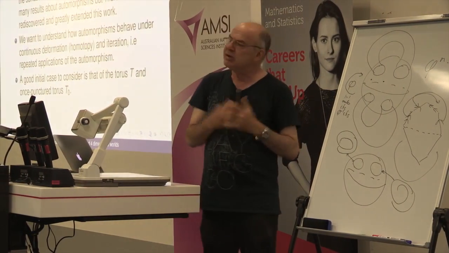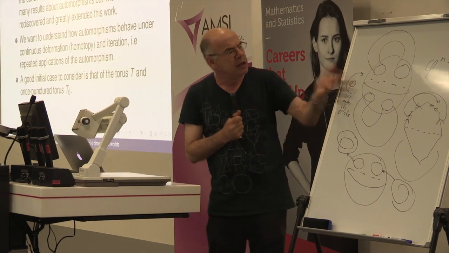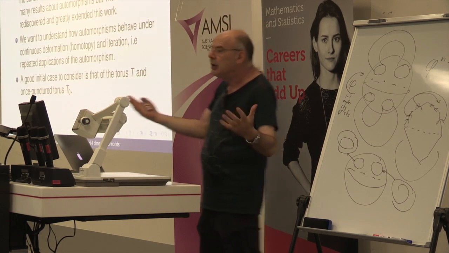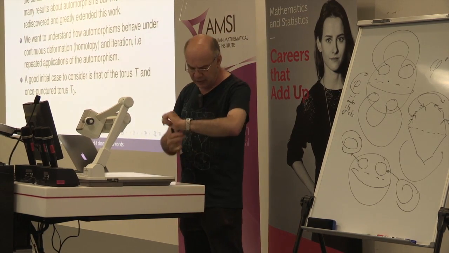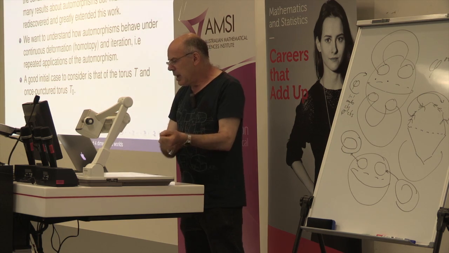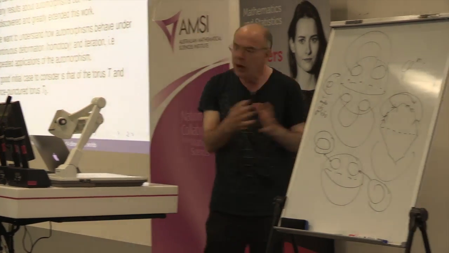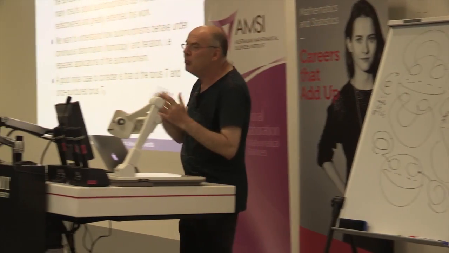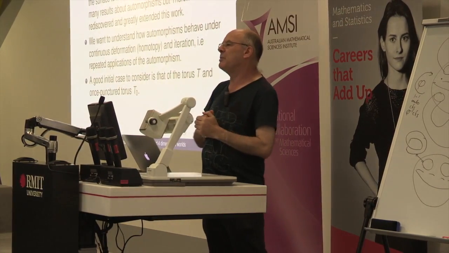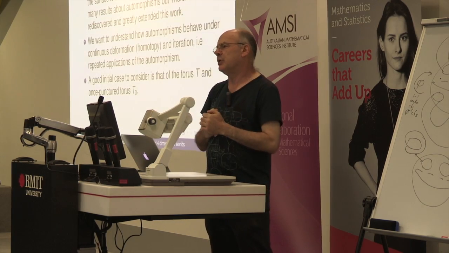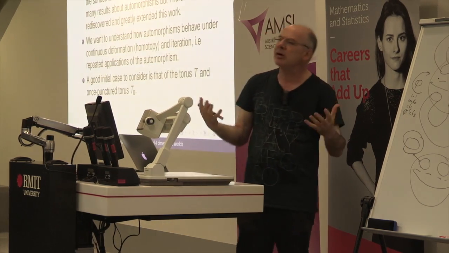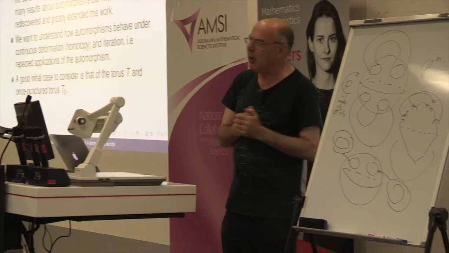So we'd like to know the structure of this homeomorphism so we can say something about what happens when we take powers of it. Okay, and the other thing that we're interested in is we're allowed to move the homeomorphism by continuous deformation. That's called a homotopy. If you have come across homotopies, you'll know what I mean.